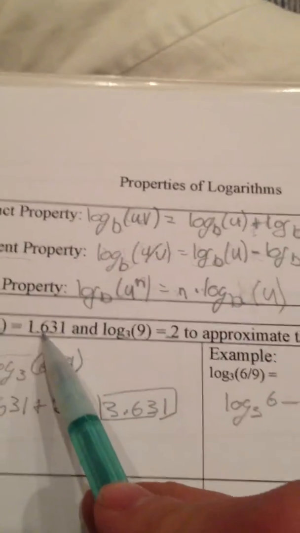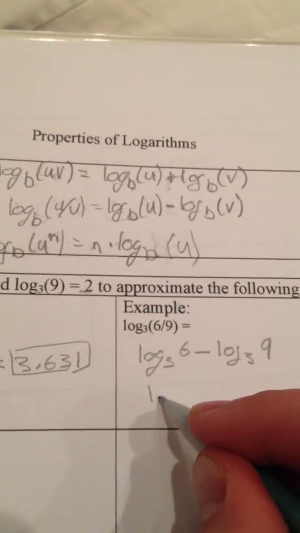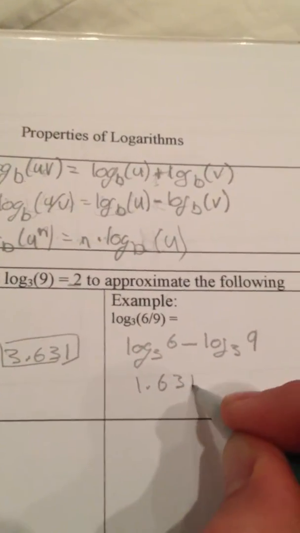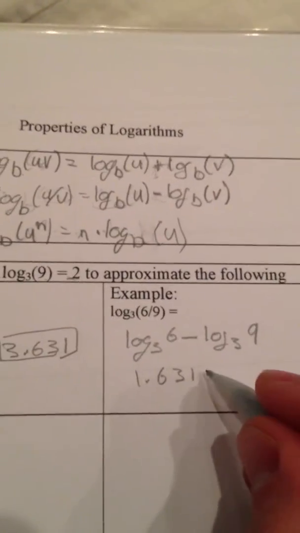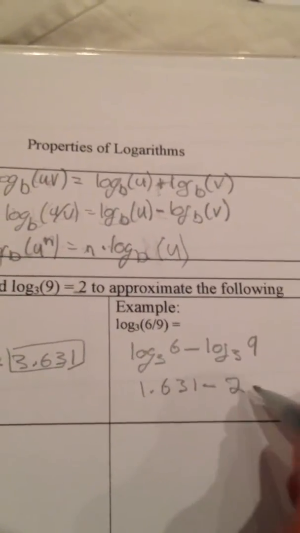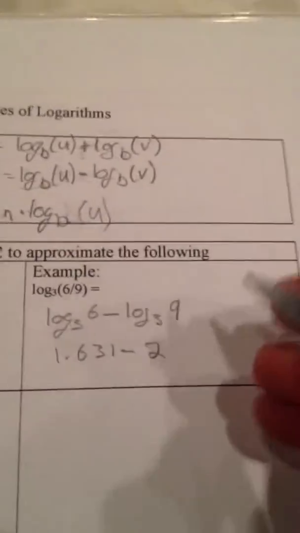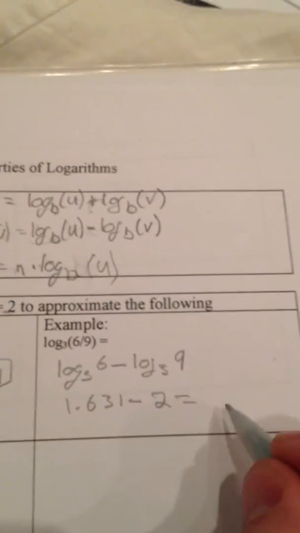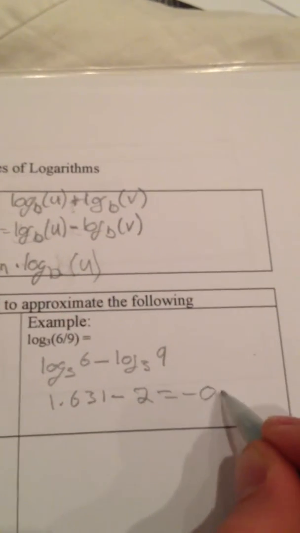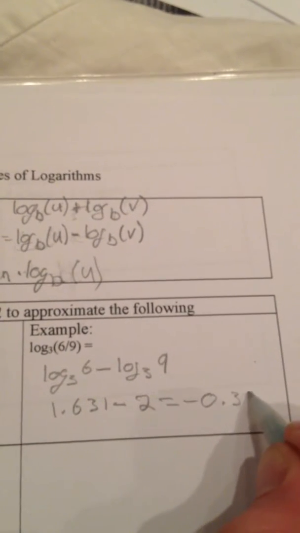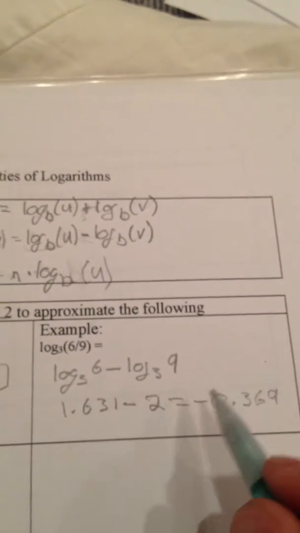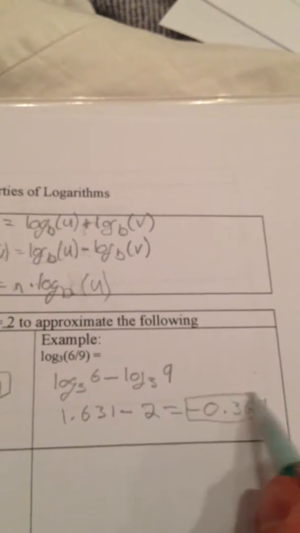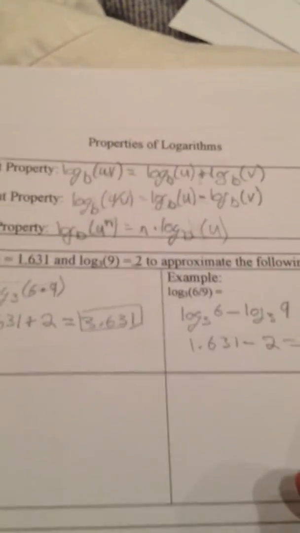We know that log base 3 of 6 is 1.631, and then that's going to be minus 2. We plug that into the calculator again, and that is going to be negative 0.369. And again, that will be your answer.